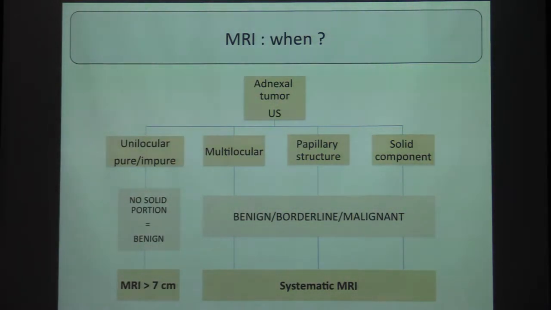When you have a multilocular cyst, a papillary structure, or a solid component, then your tumor can be benign, borderline, or malignant, so you have to complete your exam by systematically making an MRI.